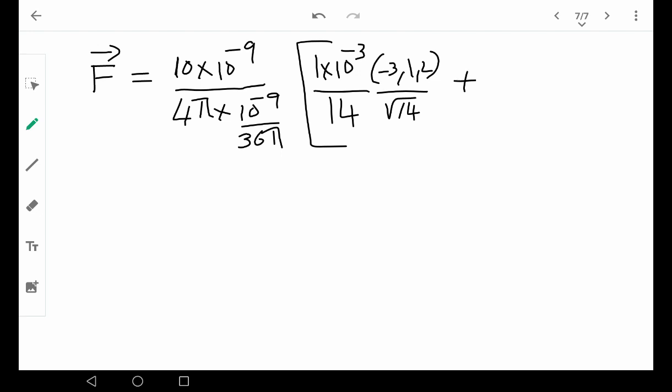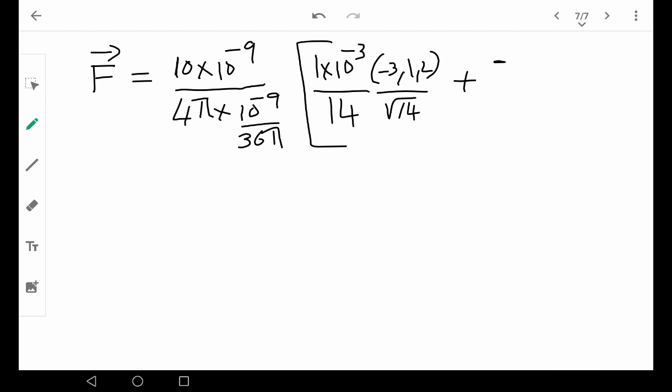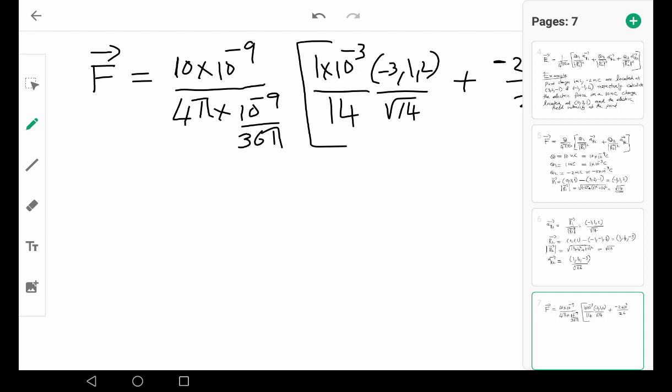Then the second one is Q2, that is minus 2 into 10 raised to minus 3, and (1, 4, −3) divided by square root of 26.